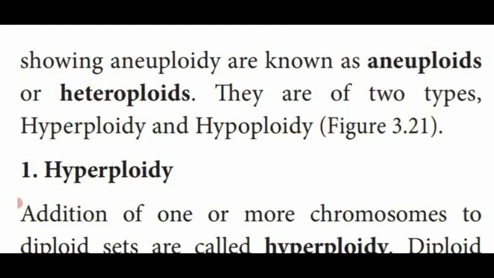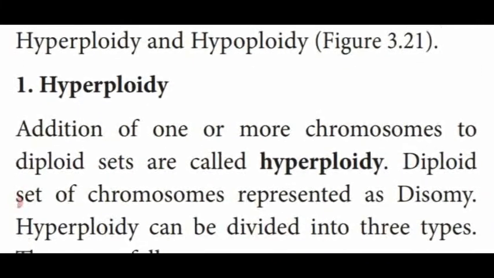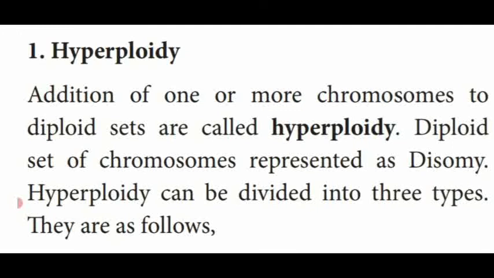So, dear students, we are going to see the different types of hyperploidy and hypoploidy. First, hyperploidy, which is a type of aneuploidy. Before entering into the topic, we should remember what aneuploidy is.